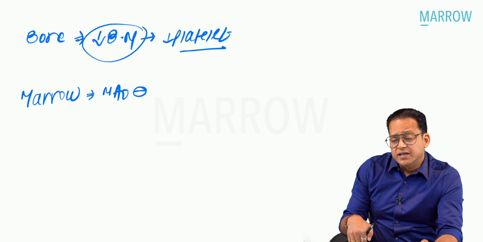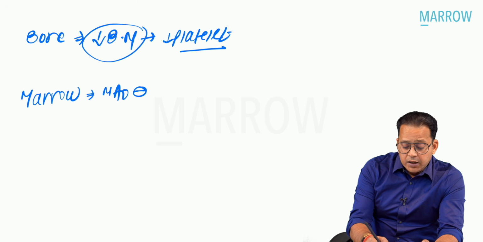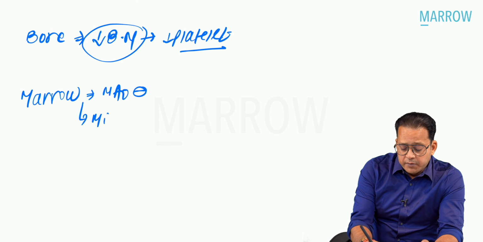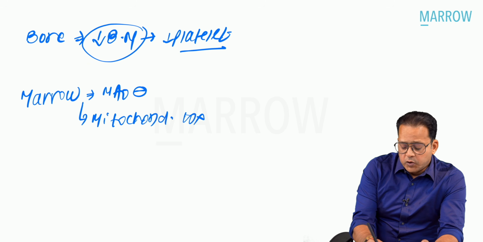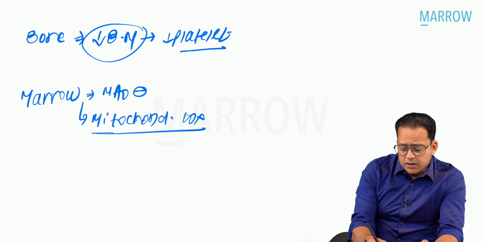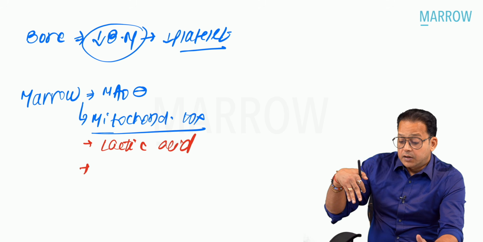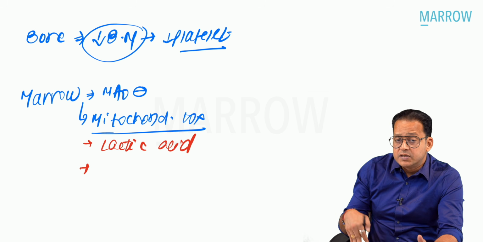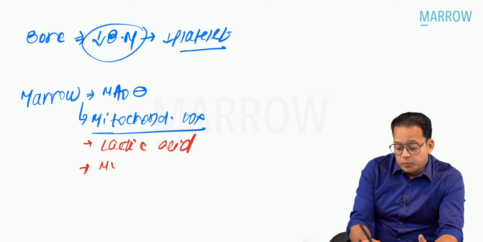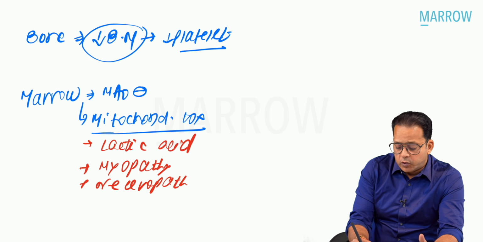Because of MAO inhibition, it increases the risk of cheese reaction as well. Plus marrow for M, mitochondrial toxicity. If mitochondria is not functioning, there would be anaerobic glycolysis that leads to lactic acidosis. If mitochondria is not functioning, your muscles and neurons will not function. There would be myopathy, neuropathy. The MCQ that has been asked here is on neuropathy.